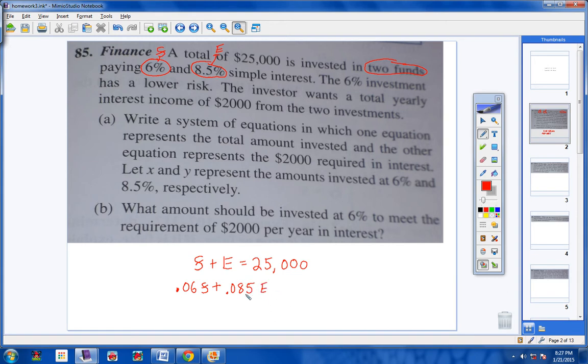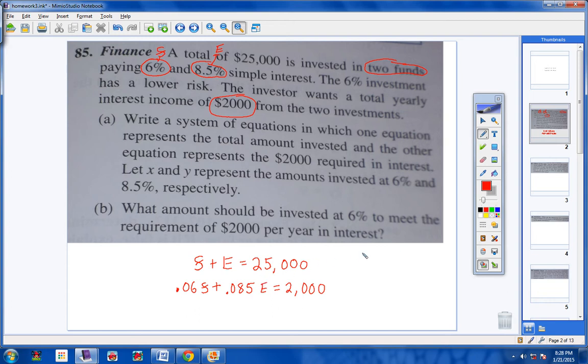So, when I multiply 0.085 times E, that gives me the interest that I gained. So I've got interest here plus interest here. When I add up all of my interest, I should get 2,000 because that's how much interest I want to gain. Now, you are more than welcome to solve this system by using linear combination or substitution, whatever.